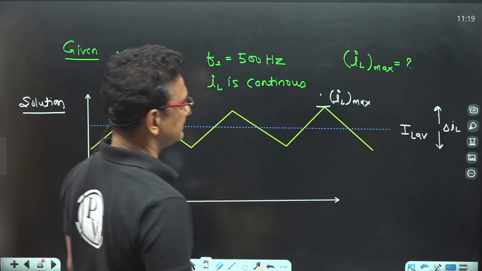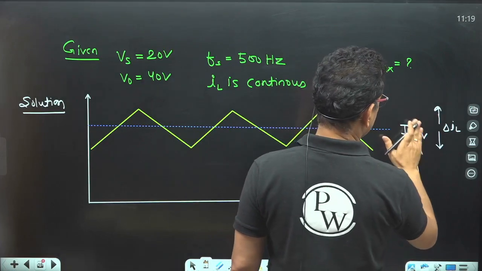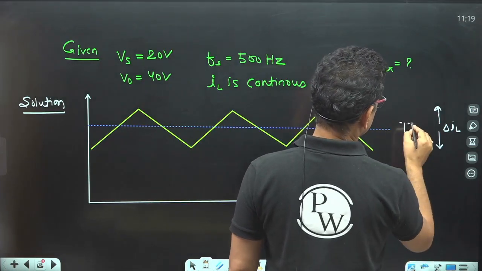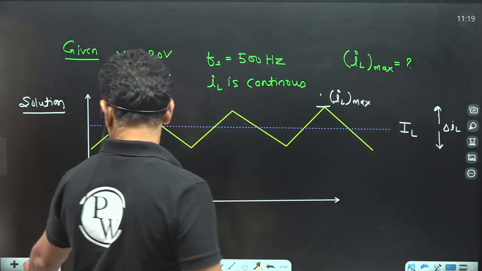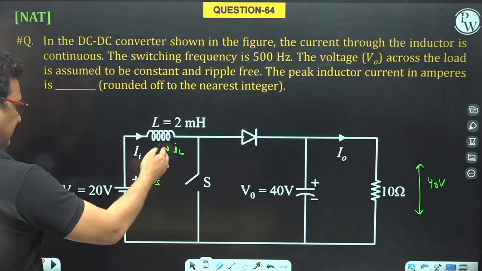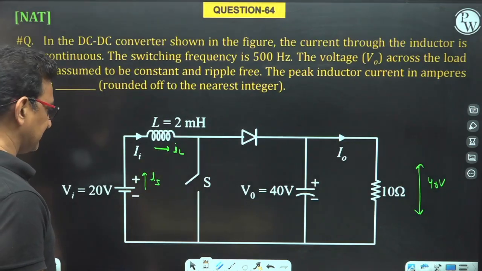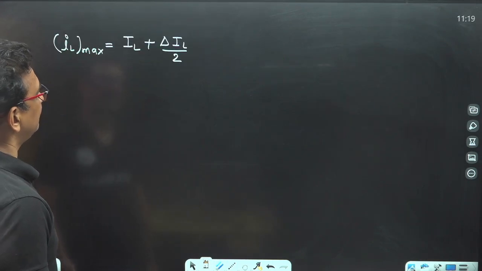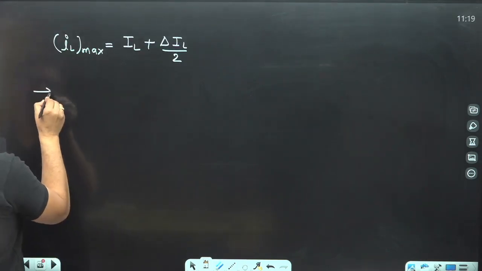This is the average value of inductor current. Now, as we know that the inductor current and the supply current are equal, let's find out first the value of alpha.